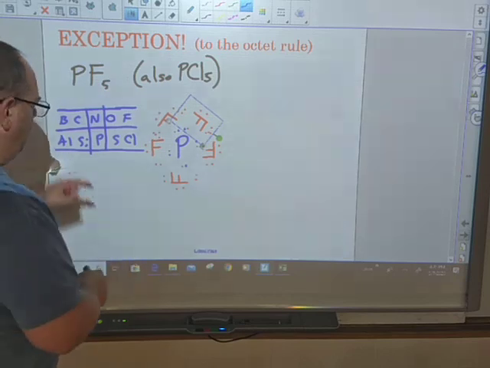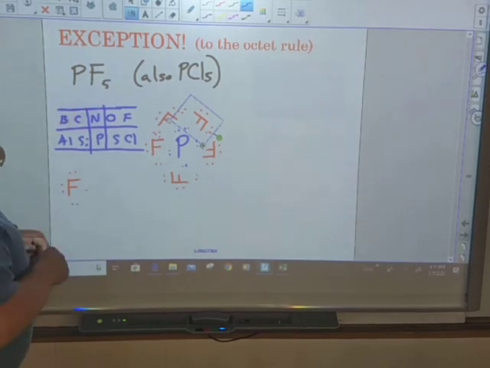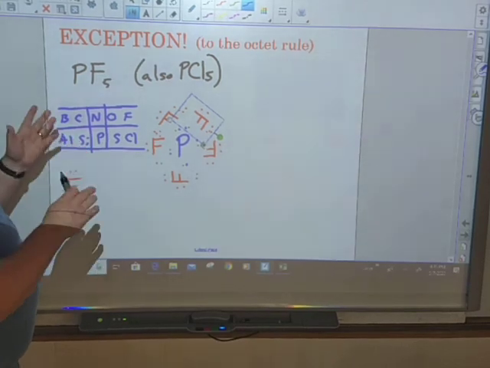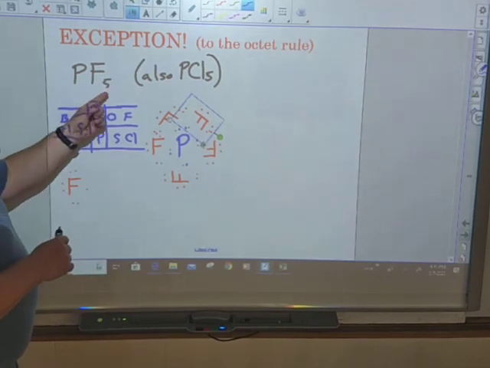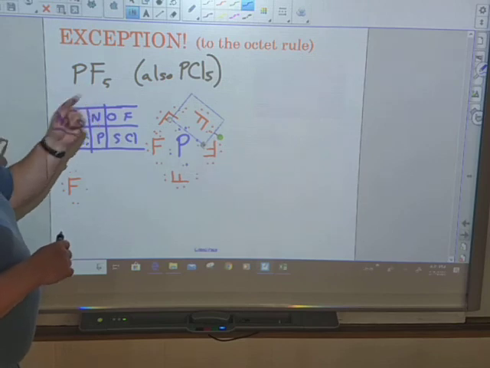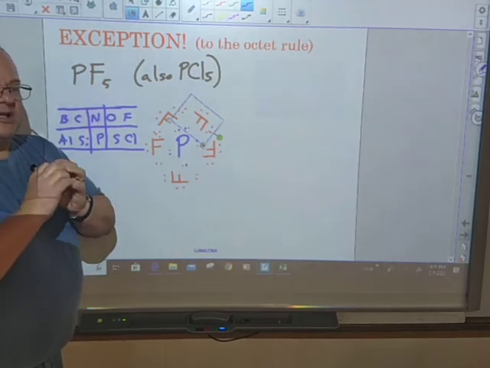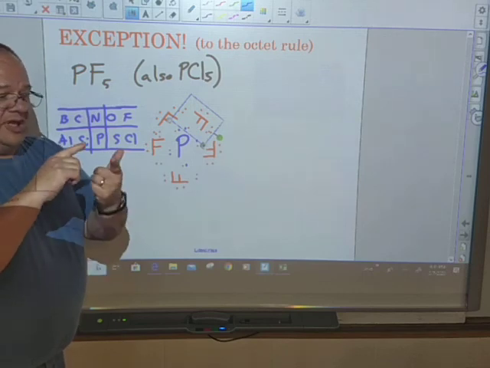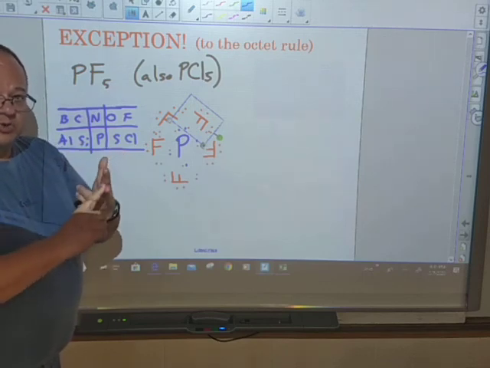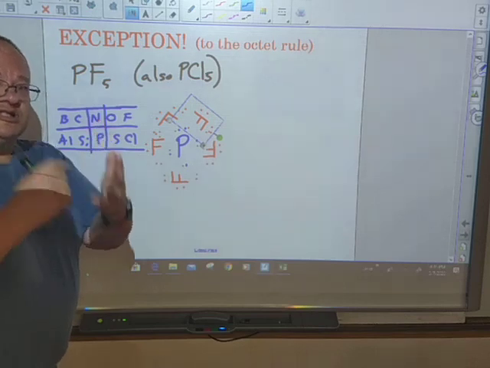Now, if I were trying to do nitrogen, nitrogen can't do a nitrogen pentafluoride because nitrogen is in the 2nd energy level. It's filling up the 2nd energy level. There is only a 2s and a 2p sublevel. There is no 2d sublevel.